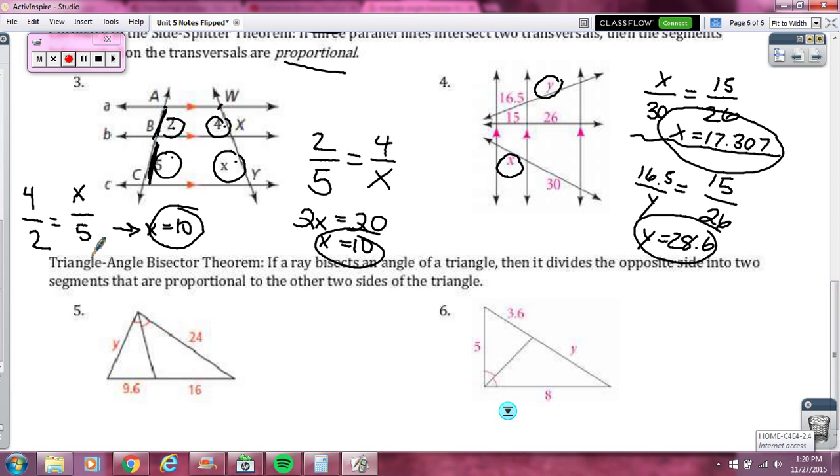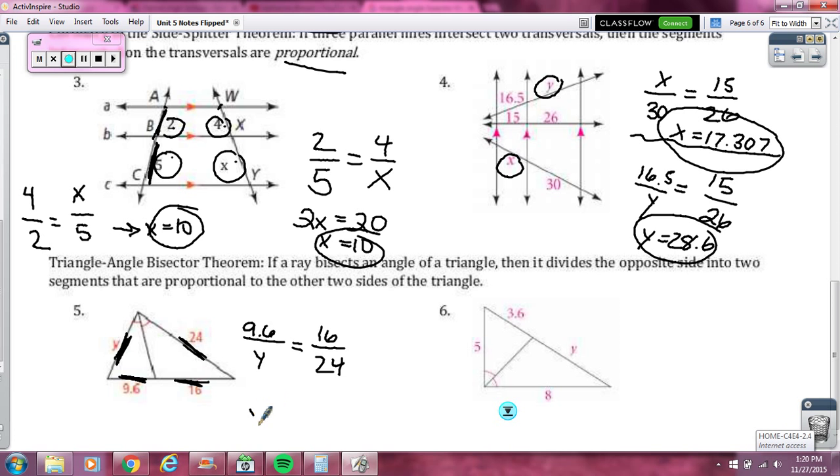And the last one, the triangle angle bisector theorem, which says that if a ray bisects an angle of a triangle, then it divides the opposite side into 2 segments that are proportional to the 2 other sides of the triangle. Whoa, mouthful. What this is really saying is that the relationship between this side across from an angle and the side of the triangle next to it, so 9.6 over y, will have the same relationship as 16, the side across from the angle, and 24, the side of the triangle next to it.